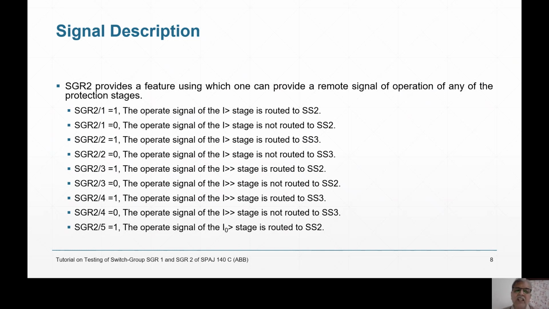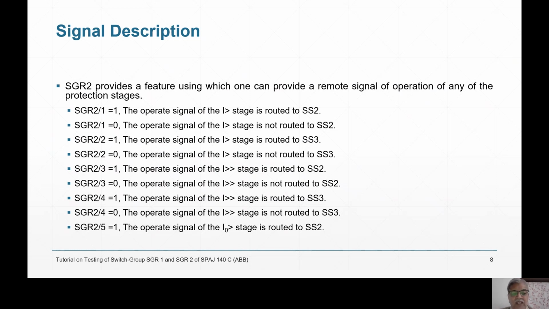So SS3 is another signal relay, right? And the dry contact, you can make it reach for I greater than, same. SGR2 3 is for I double greater than to reach SS2. For SGR2 4 equal to 1, I double greater than will reach SS3. That is another signal location. SGR2 4 equal to 0, then it will not reach.